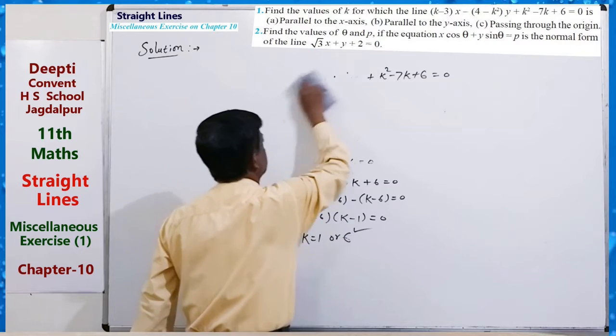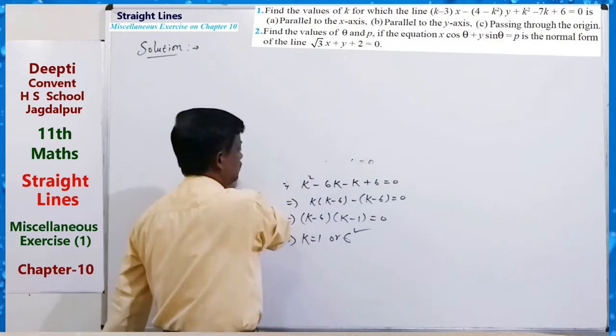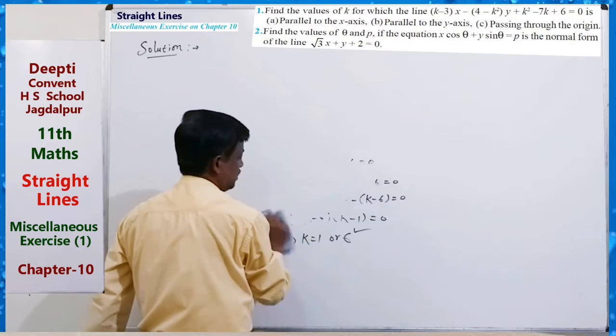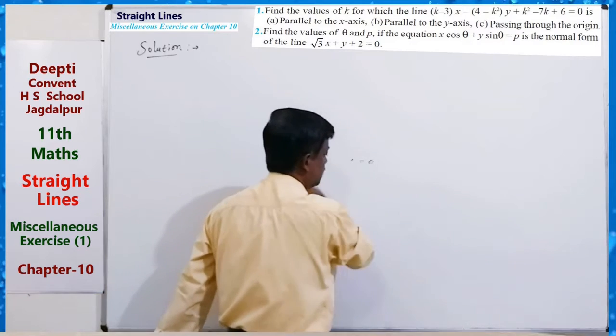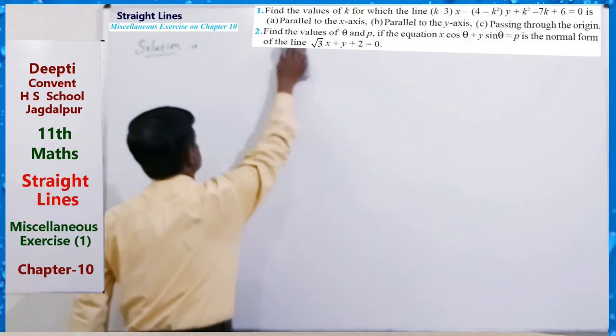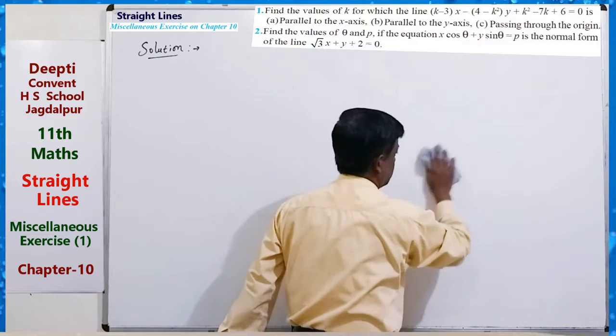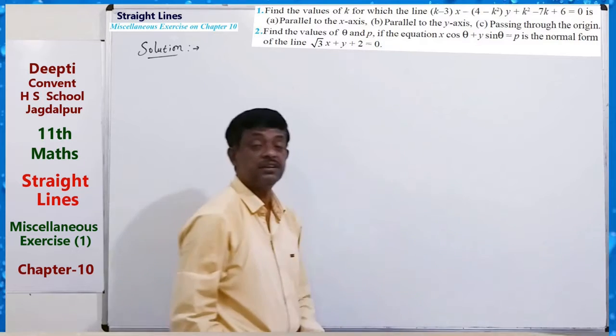Okay. So we know how we can convert any general line to it, just by dividing by the square root of the sum of squares of the coefficients of x and y in the general form.